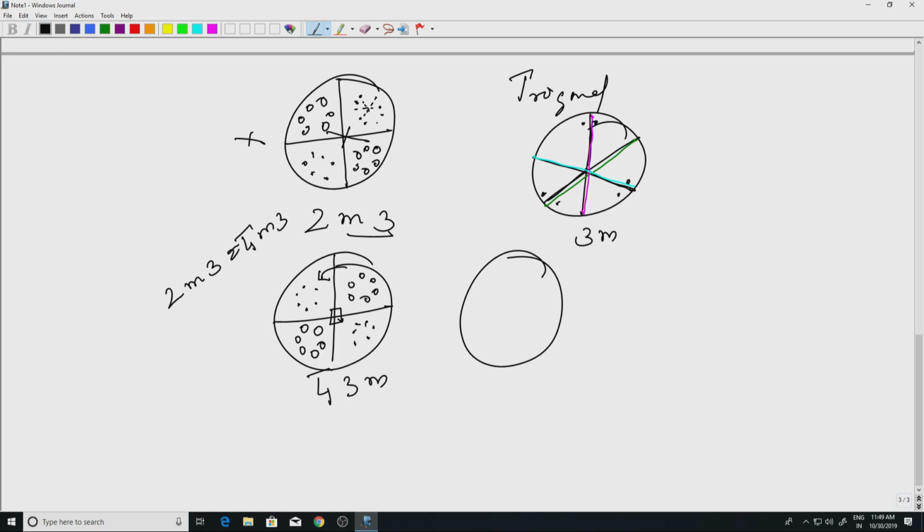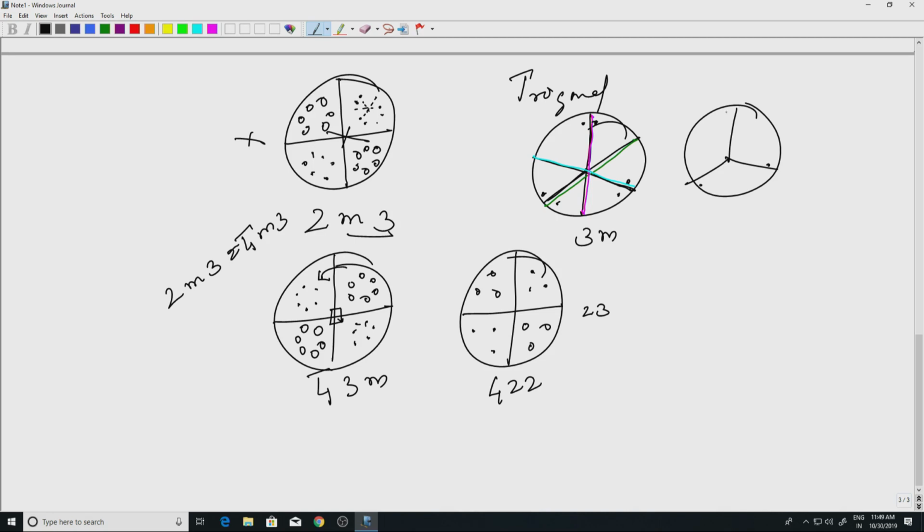Next is 4 2 2. So here is your 2 3. Now the twofold is operated. Now we can go to this 3 2 in trigonal. This is the 3.